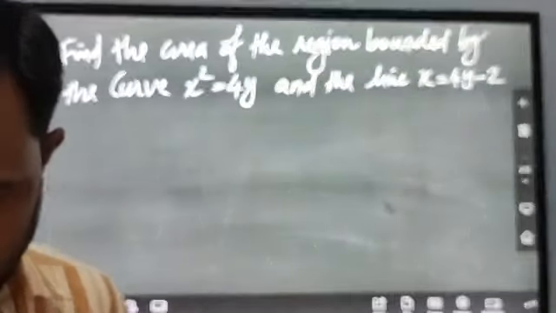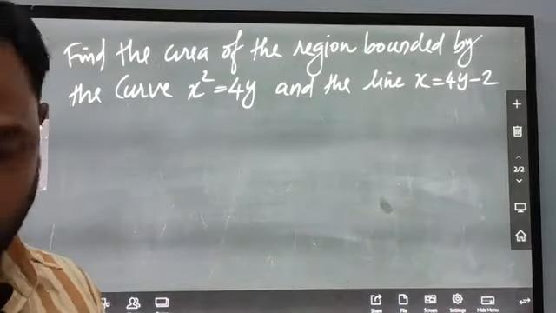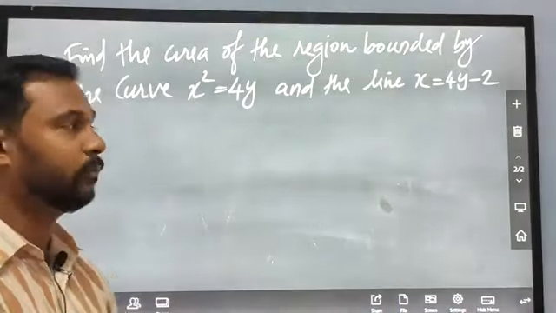Find the area of the region bounded by the curve x square equal to 4y and x equal to 4y minus 2.